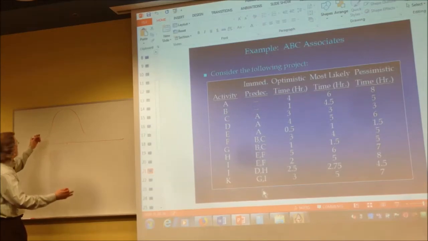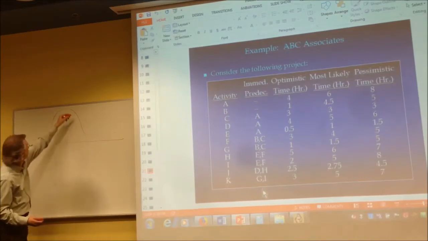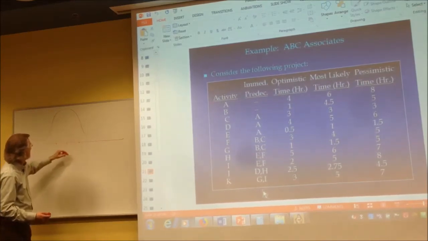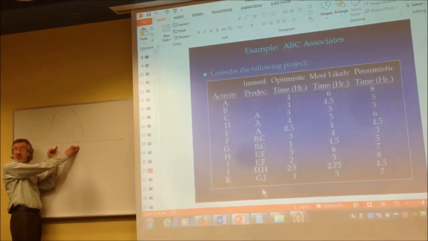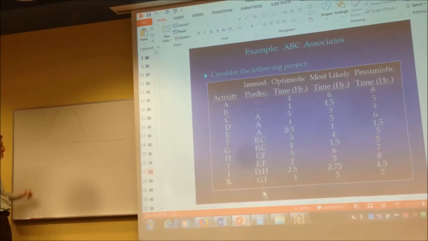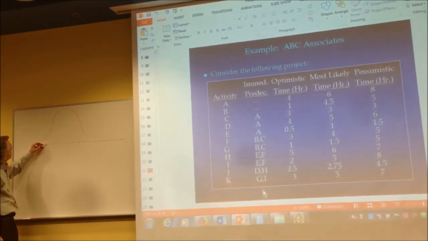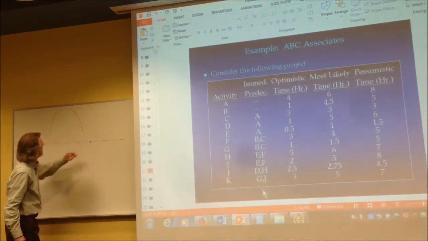Now the empirical rule says if you go out about this far on the curve, that's usually 1 standard deviation above and below the expected time. Then you go about this far, and that's usually about 2 standard deviations.